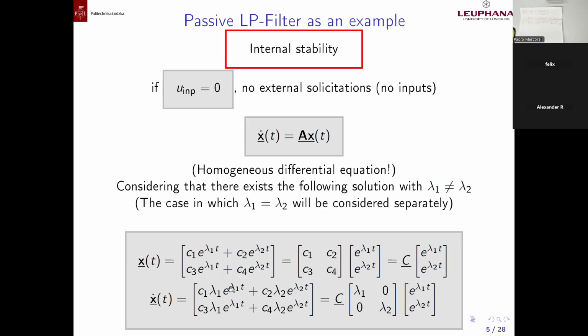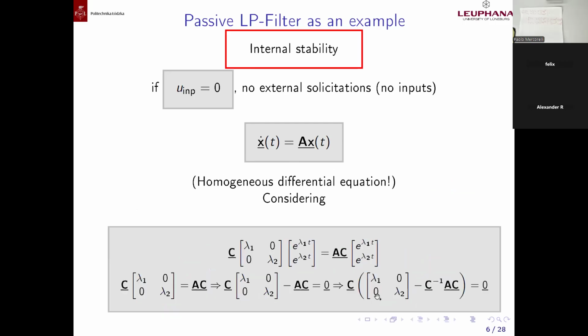We have to find C1 and C2, C3 and C4. Now we can see, probably better from here, A is given. Lambda 1 and lambda 2 are given.